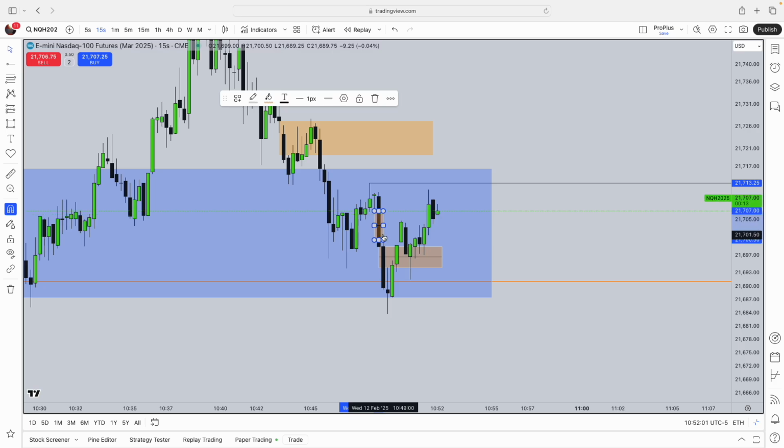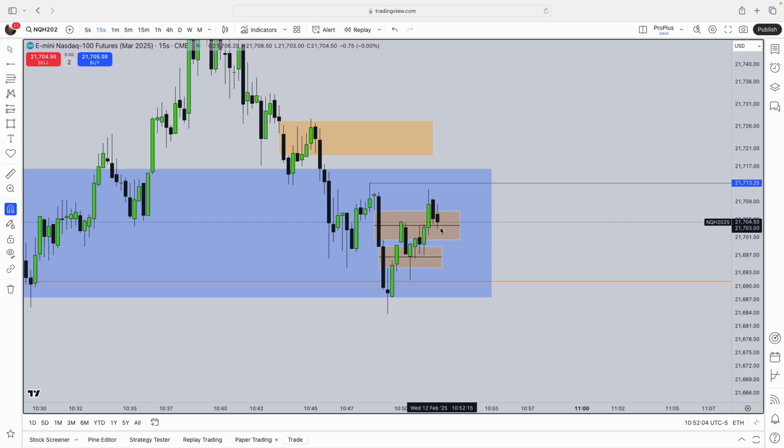I want to see the same thing with this inversion. Don't really want to see the lower portion get closed below. And if it doesn't, it starts trading higher, then I know that we're onside and it wants to run for some buy side.